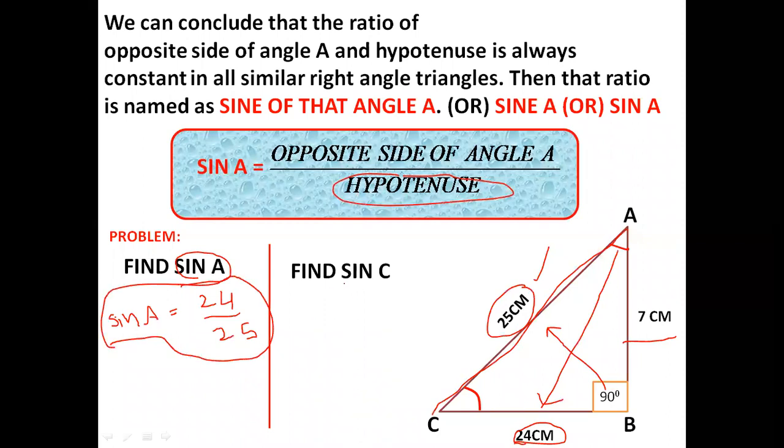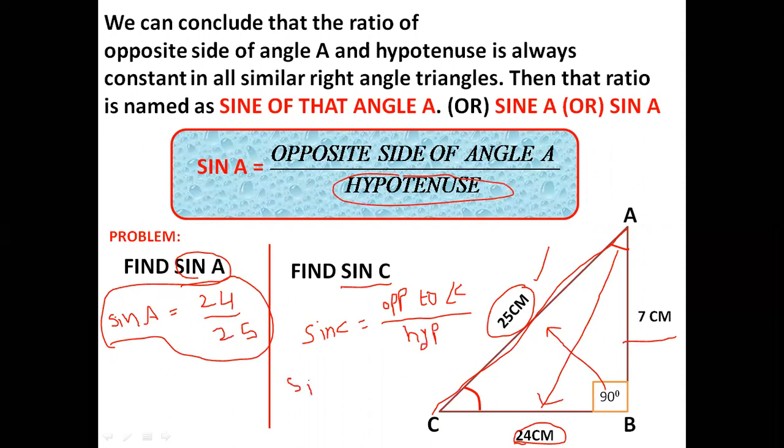Now come to sin C. What is the formula? Opposite side to the angle C by the hypotenuse.